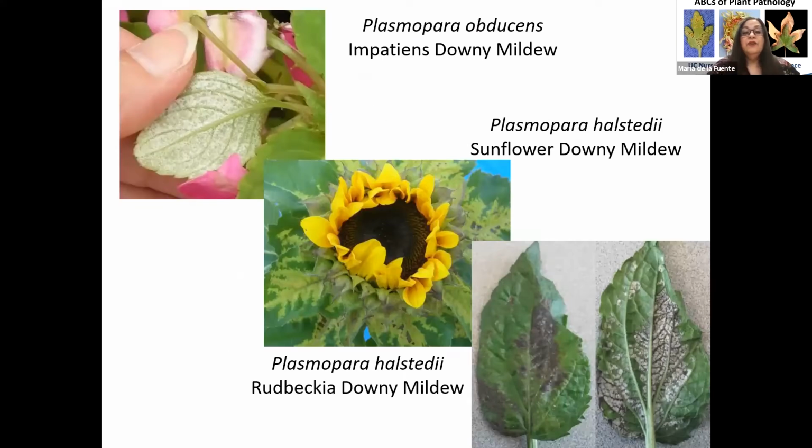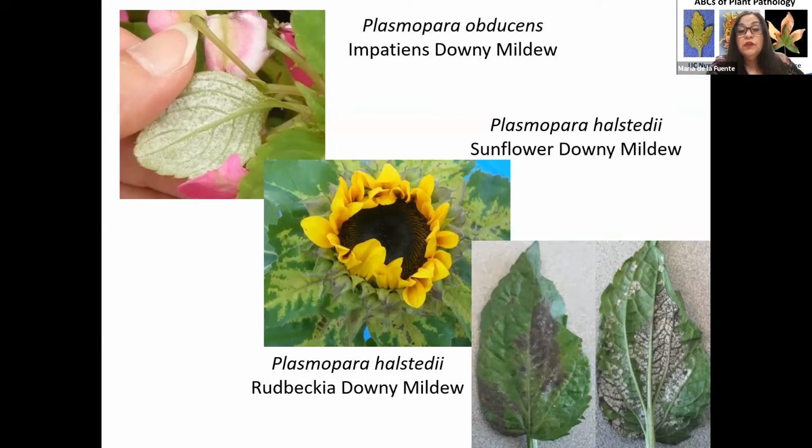So here is how they look. They are both a common downy mildew, which you can see, especially on the lower side, the whitish mycelium that is being developed. Here with the rudbeckia, you can see very clearly the whitish mycelium on the underside of the leaf, and later in the infection, it translates into the upper side of the leaf as a black stain or a black spot.